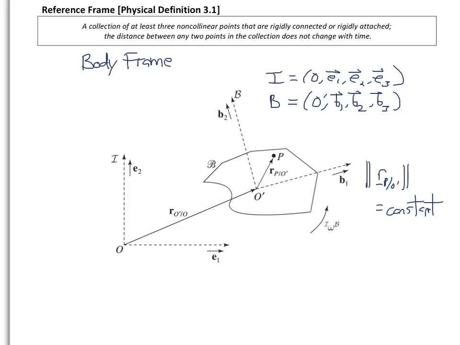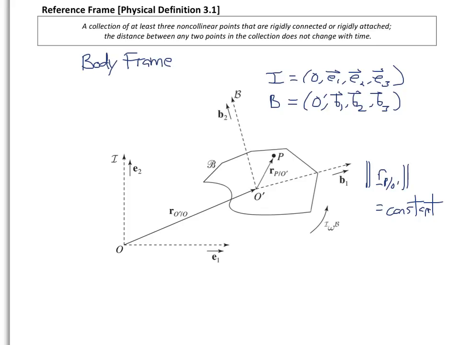And the last thing that we see on this diagram is that we have an angular velocity. And this is the angular velocity of the reference frame B, which is our body frame, as observed by the inertial reference frame. And so what's now new about a rigid body is that unlike particles, which can only translate, rigid bodies can both translate and they can rotate.